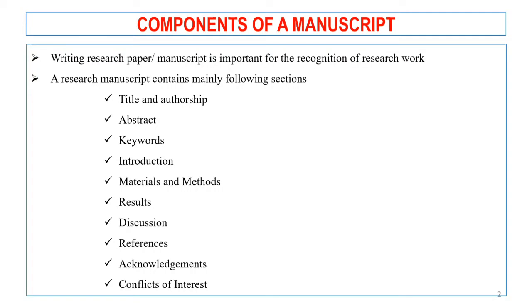A research paper explains the work we have completed, the results we have got through our research, and the conclusions made by doing our research. Writing a research paper is important for the recognition of our research work, so it is important to publish it.